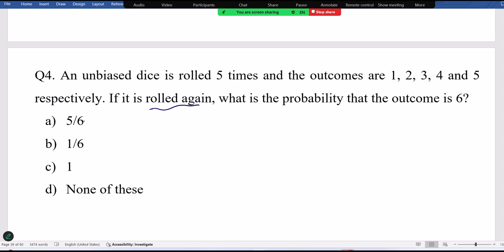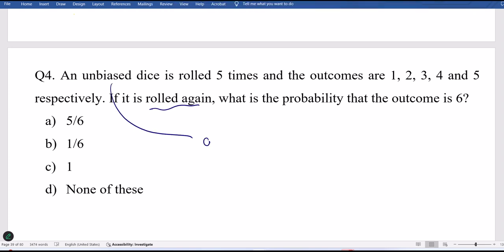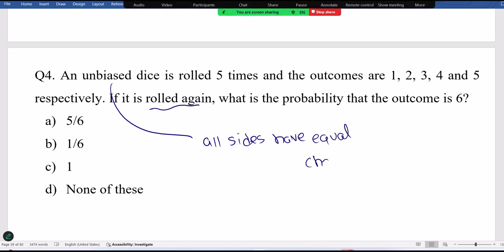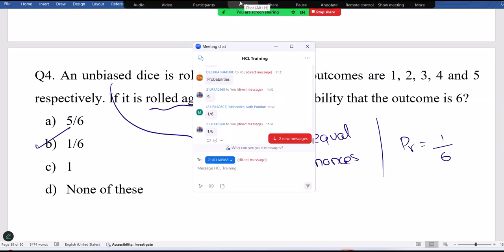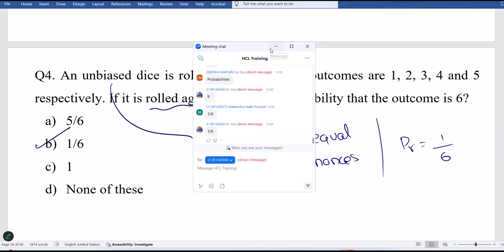Unbiased dice means all sides have equal chances. Now when you are throwing it again, you will get 1 by 6 only. All sides have equal chances. It's 1 by 6. Don't go for 1. Many people are thinking that since 1, 2, 3, 4, 5 are already completed, next time it must be 6. Nothing like that.